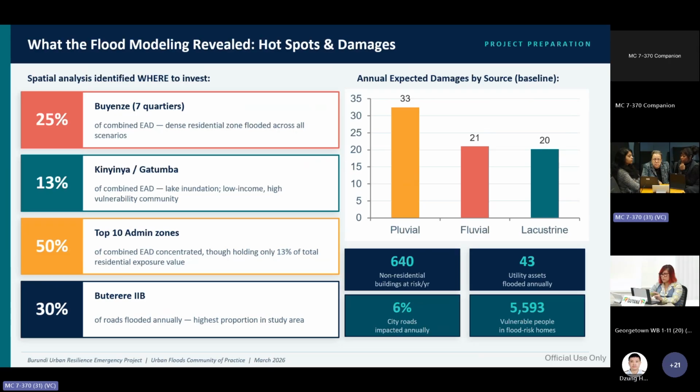Risk was also, as I indicated before, concentrated in particular zones. For example, the Buterere area alone accounted for 25% of the annual expected damages. And in terms of exposure, the analysis showed that around 640 non-residential buildings were at risk, along with 43 utility assets, and 6% of the road network in the city of Bujumbura.